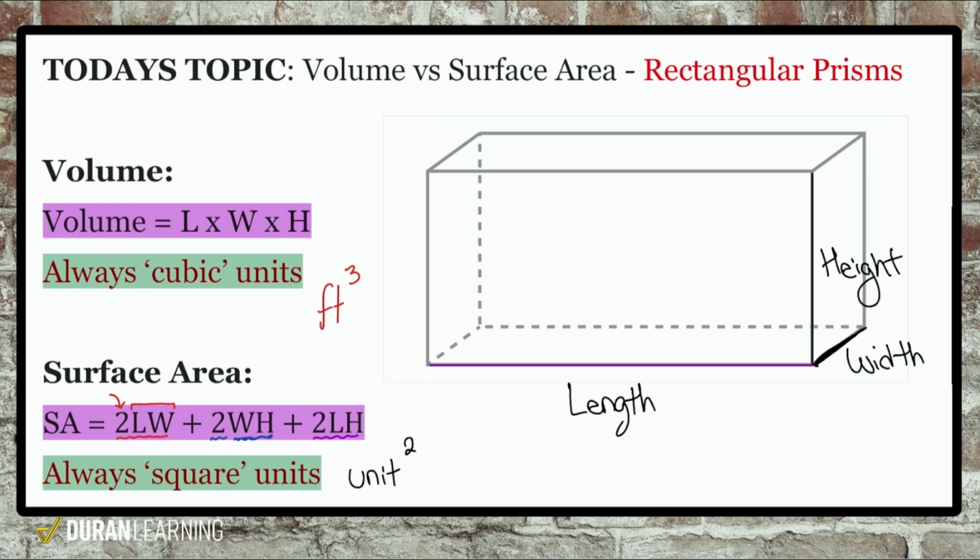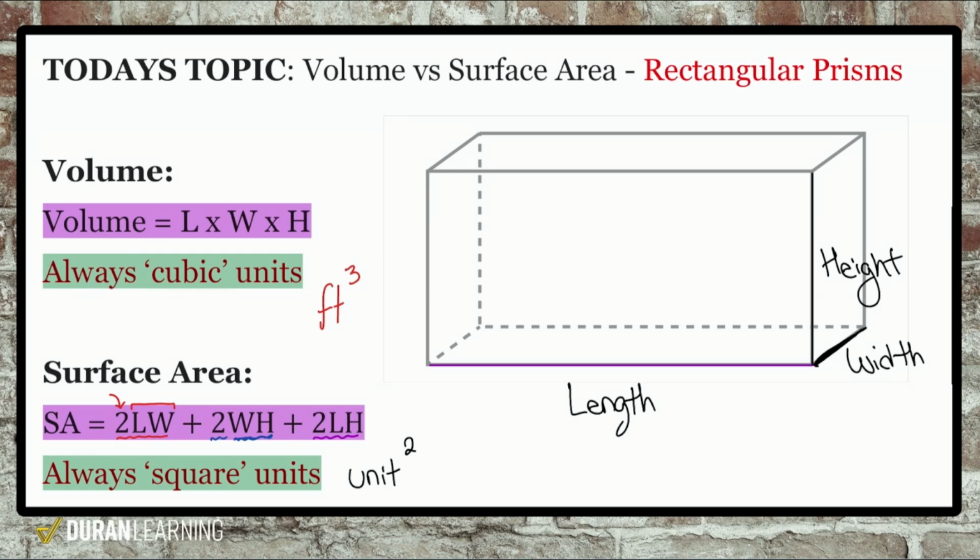Volume, the reason that it's 3-dimensional, like we talked about yesterday, is because we are multiplying 3 dimensions together. The length, the width, and the height all multiplied together gives us a 3-dimensional unit. And that's how we can tell in word problems if we're given a 3-dimensional or cubic unit.